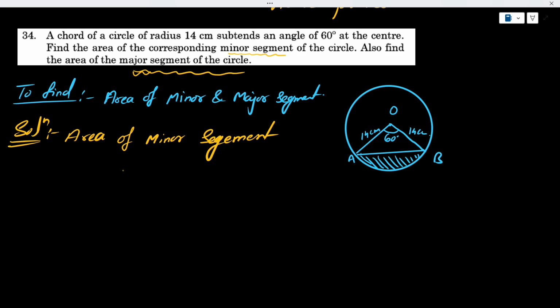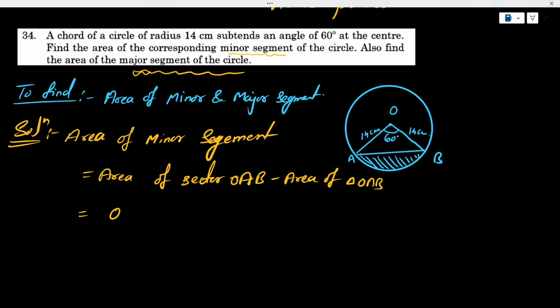Now, how do you get the area of the minor segment? Area of sector OAB minus area of triangle OAB. The sector area formula is theta by 360 times pi r squared, minus the triangle. For the triangle you can use half base times height, or the equilateral triangle formula.